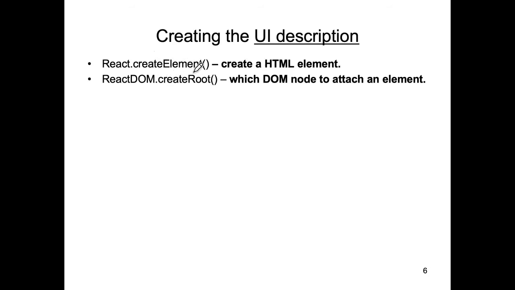The createRoot method from the React DOM package, we use that to indicate where on the DOM we want to attach an element. Remember, I was talking last week about how the browser constructs this DOM model or DOM data structure.